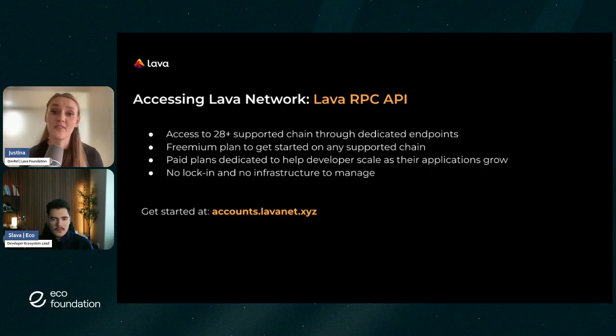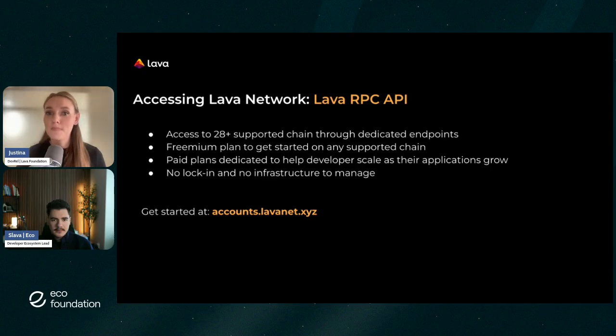The advantage of having a dedicated endpoint is that you can very easily manage the access rates, like the request per second rate that you have. As your application scales, you can easily start with a completely free plan. To use those endpoints, all you have to do is go to accounts.lavanet.xyz and get the endpoints. I will actually show that in the demo that I will be doing right now.